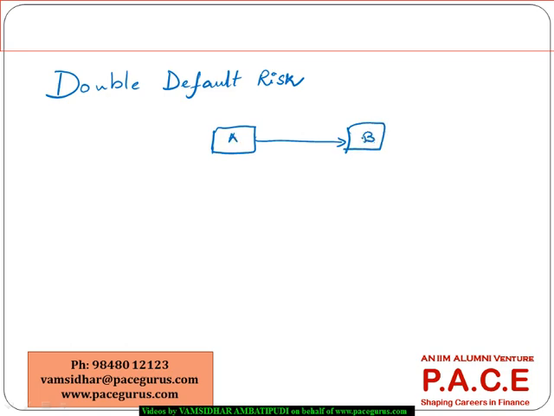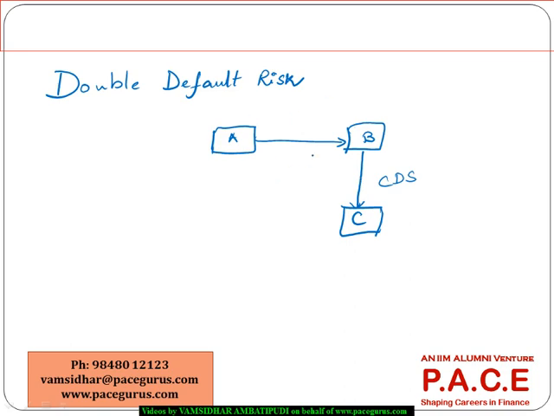So B is exposed to credit risk from A, protecting itself by getting into a CDS, credit default swap, with C by paying some amount of a premium.